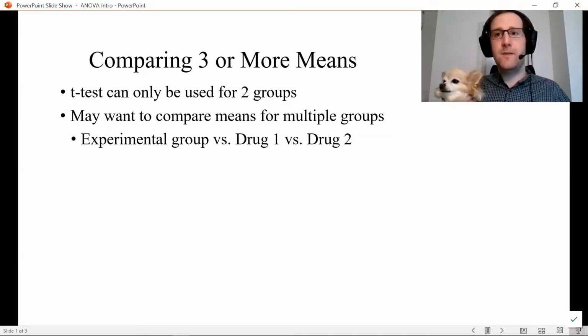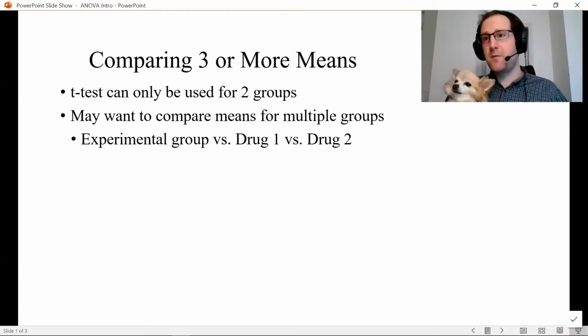That might be a case where you don't want to just collapse them against both drugs. You want to see if one drug is better than a control group or better than a placebo, or you could have a control group plus a placebo condition plus another drug condition, and then you can see, are there differences overall? You can compare across multiple groups.